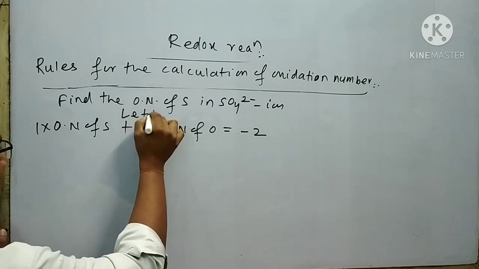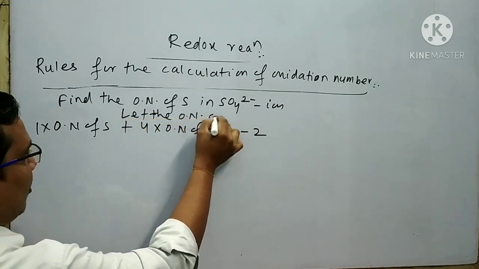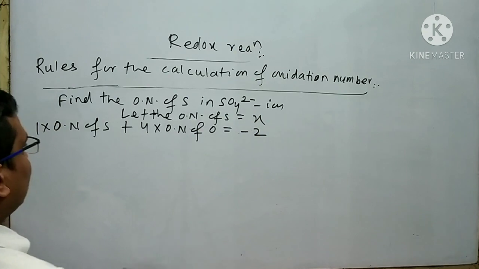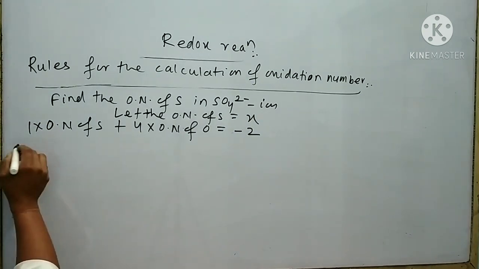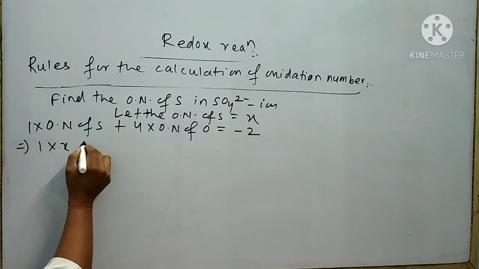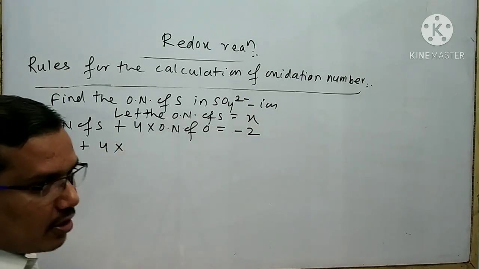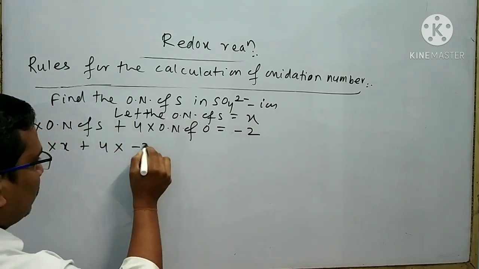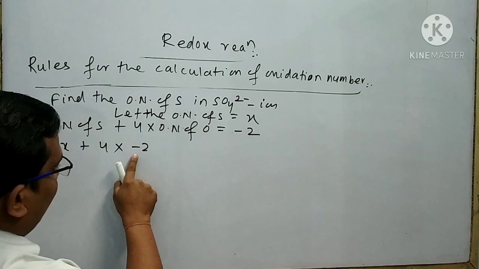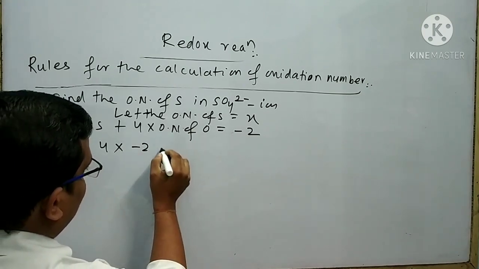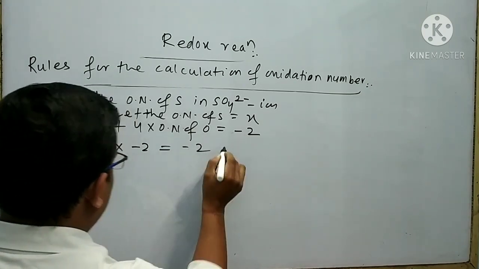Let the oxidation number of sulfur equal X. Now I can write 1 into X plus 4 into minus 2 equal to minus 2.